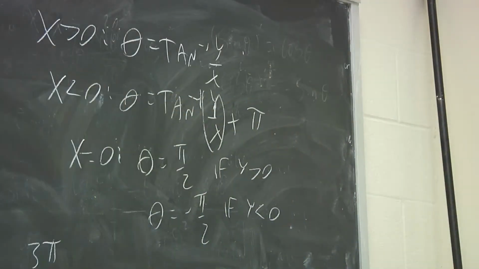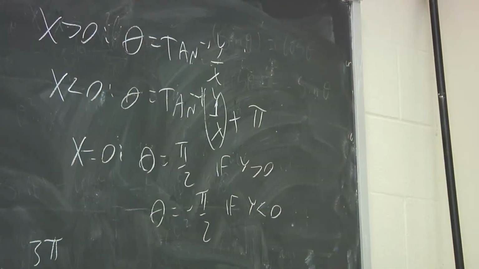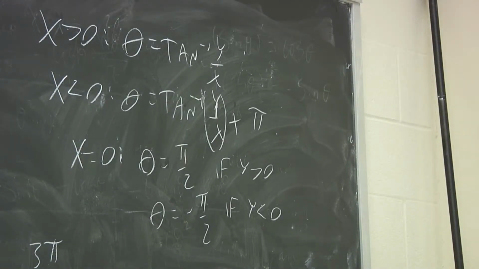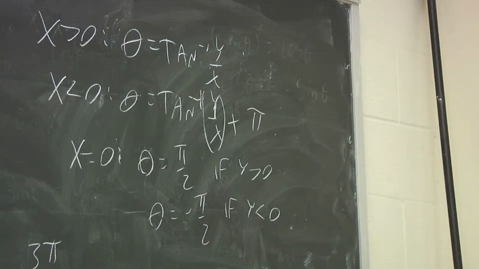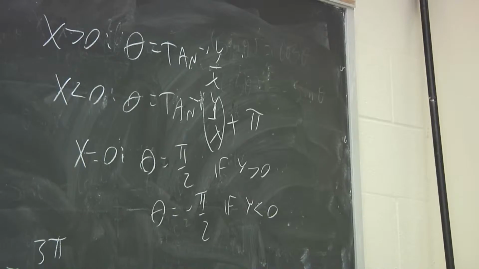So that is everything. The only case that's not covered up there is when x and y are both 0, in which case you don't really have a theta. Any theta would work. R would be 0. You would be at the origin.